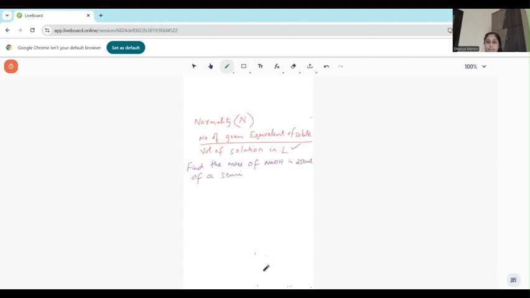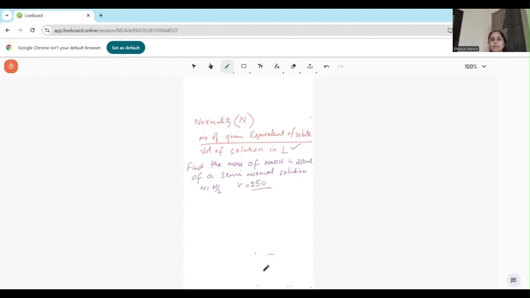They didn't give the normality directly, they said semi-normal. So semicircle, N by 2. Now normality we know, N by 2, and volume we have, 250, but we have to make it into liters.